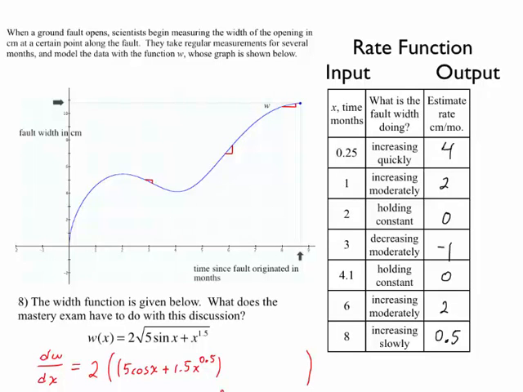Rate of change of the interior. Rate of change of the interior times 1 over 2 rate of change of a square root function. What do I put in here? Exactly what's in there. The rate of change of the exterior with respect to the interior.